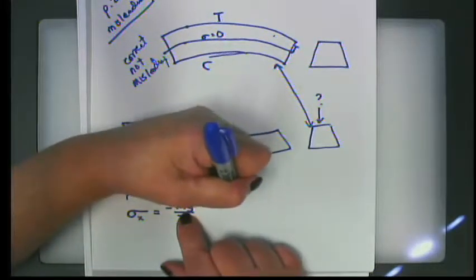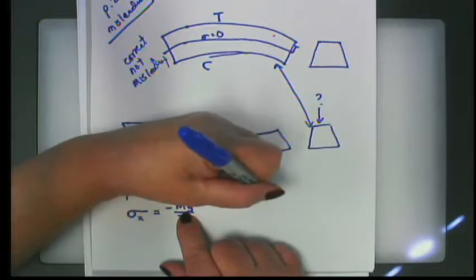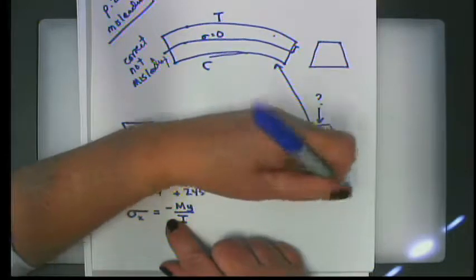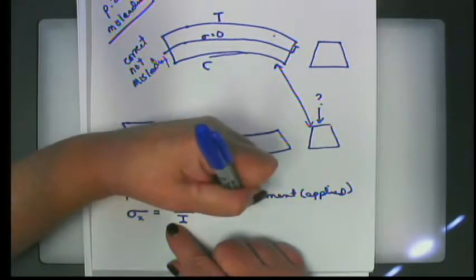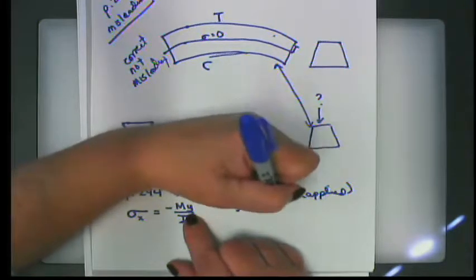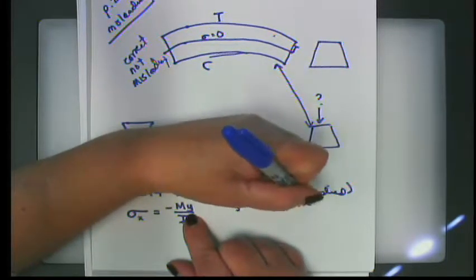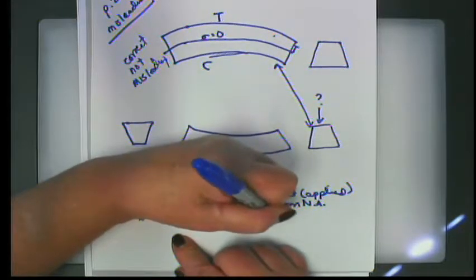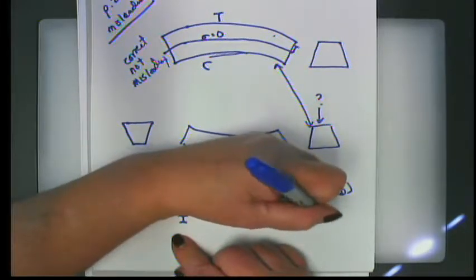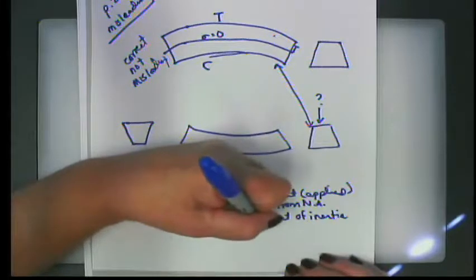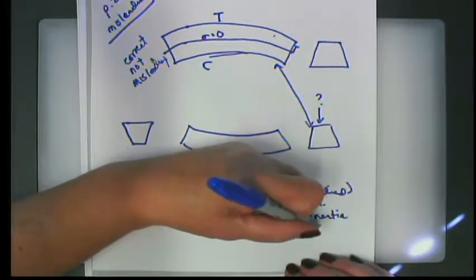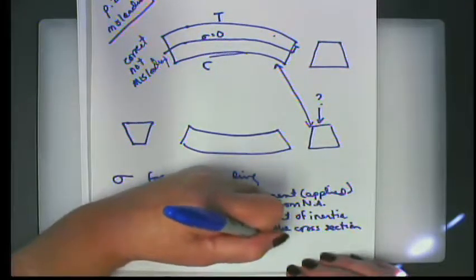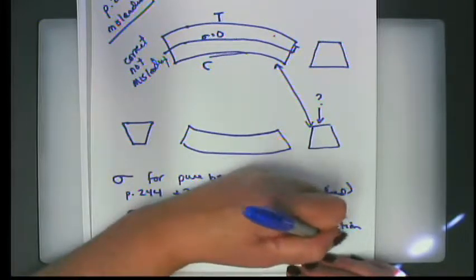And I'll explain this. M is equal to the applied moment, y is equal to the distance from the neutral axis, and I is referred to as the moment of inertia of the cross-section. I will explain all of this too, but I need to write it out first, about the neutral axis. All right.